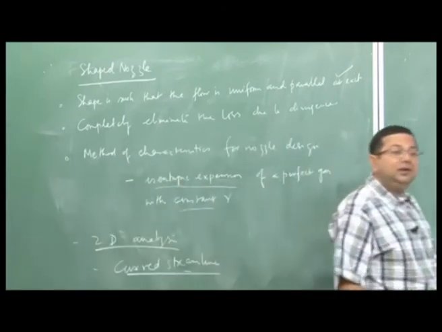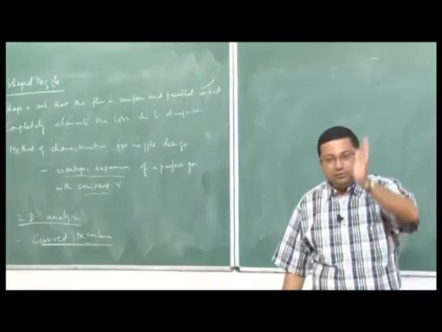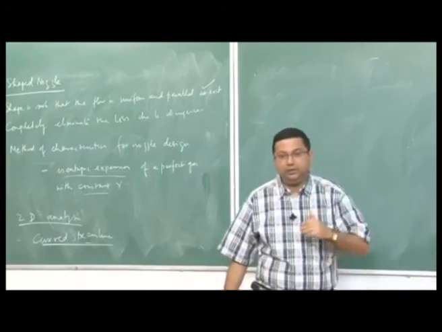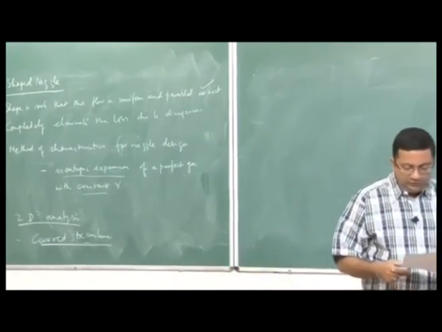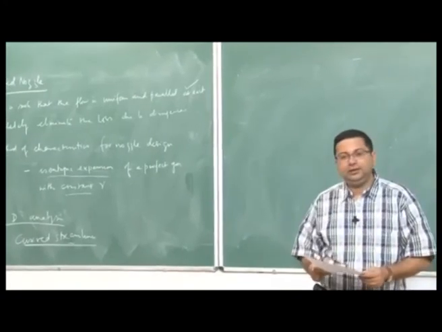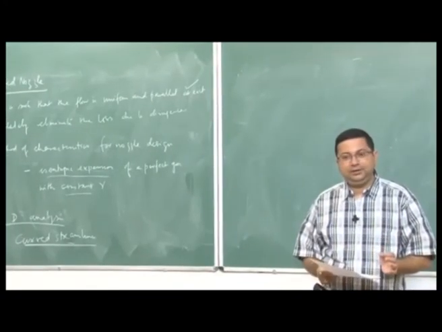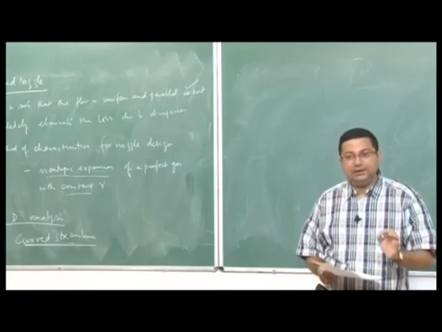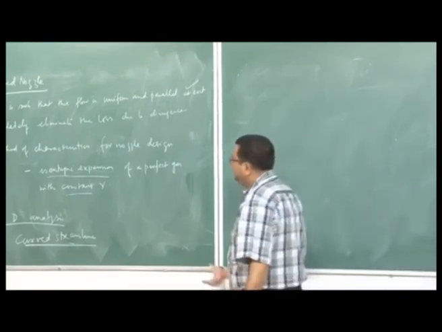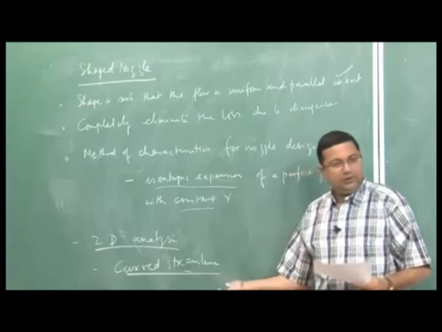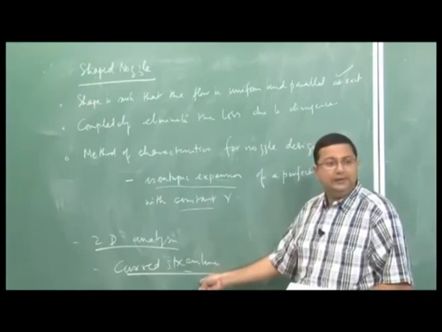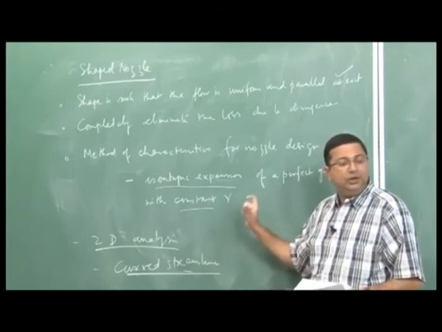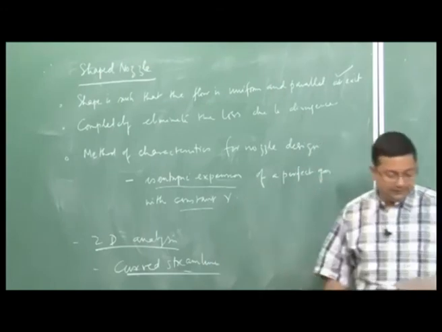Now, if we are considering curved streamlines, then we know that if the streamlines curve, there is a normal component of the pressure, right. So, the component of pressure perpendicular to the streamlines is important. That needs to be considered when we are using this method of characteristics. So, because the streamlines are curved quite significantly, that needs to be considered in our analysis.